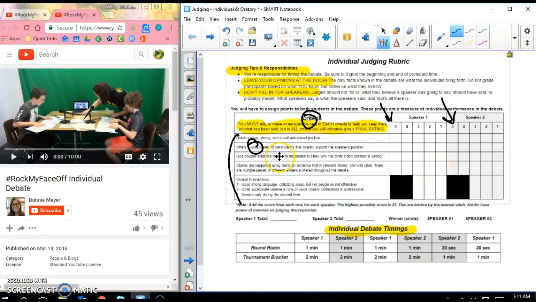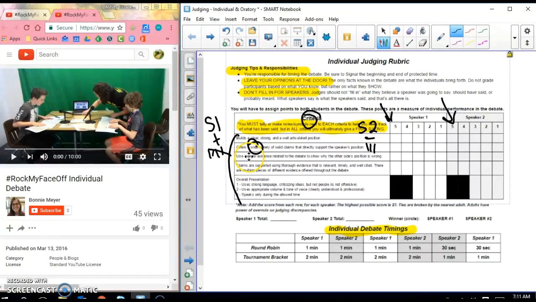When I look at something like building a clear, strong, and well-articulated position, I should be able to develop a system, maybe adding a plus or a minus, because I usually label this as speaker 2 and this as speaker 1 where I'm doing my notes over here. But for something like offering a wide variety of claims, I would expect to see tally marks. So how many claims are actually being offered?